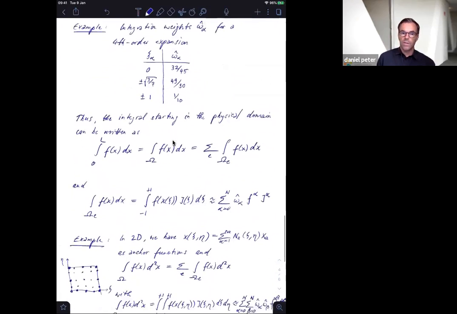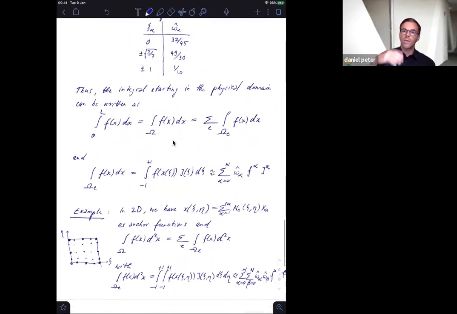And so then all these integrals just become these summations of the quadrature integration rule weight omega alpha times the function evaluated on the nodal points times the Jacobian.